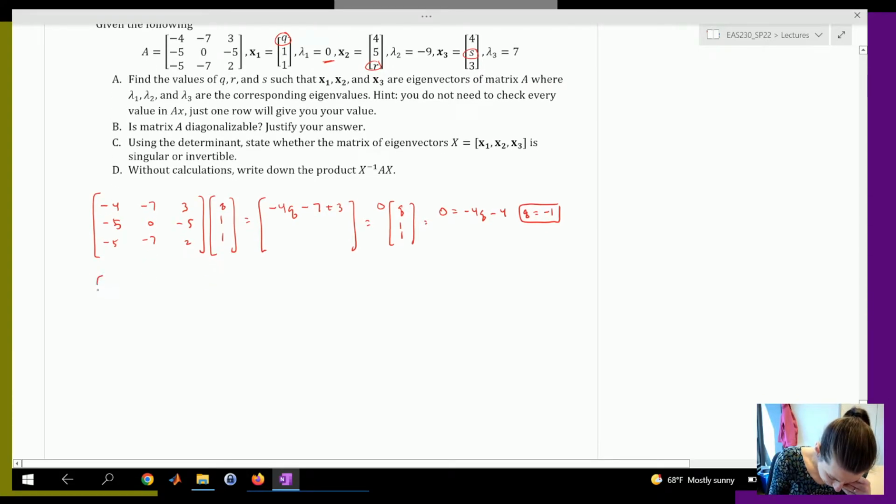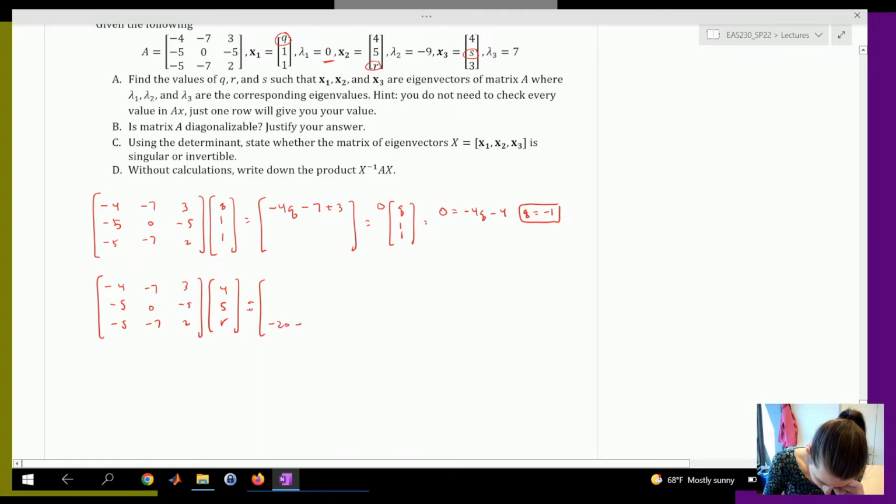Do that for the rest of them. Negative 4, negative 5, negative 5, negative 7, 0, negative 7, 3, negative 5, 2. For my next one, it's going to be 4, 5, and R. Same idea, I don't technically need to do it for all of them, I can only do it for the last one.